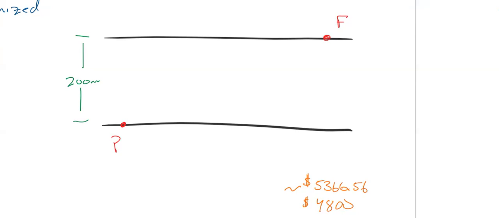So what we know is the minimum cost will be when we travel to some point through the water and then cover the rest of the distance on land. Okay? That was just a demonstration that happens to be true in this case.